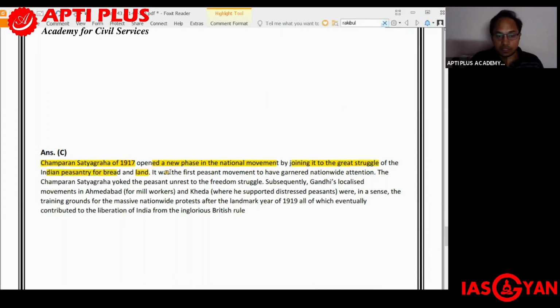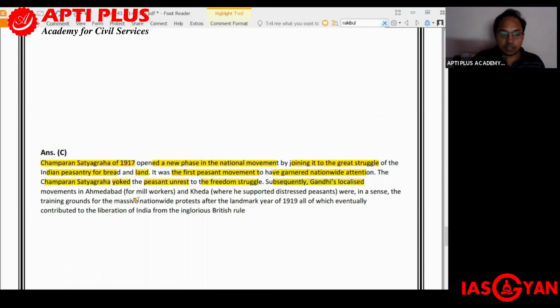It was the first peasant movement to have garnered nationwide attention. The Champaran Satyagraha yoked the peasant unrest to the freedom struggle.